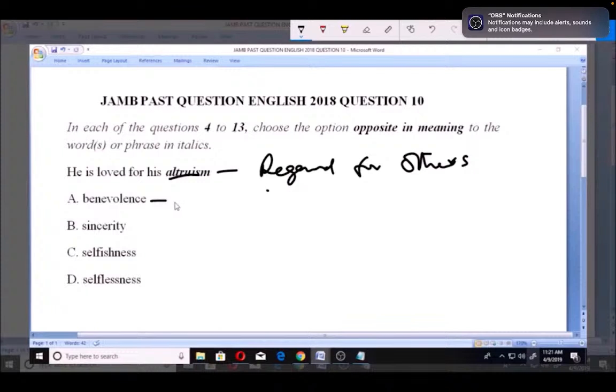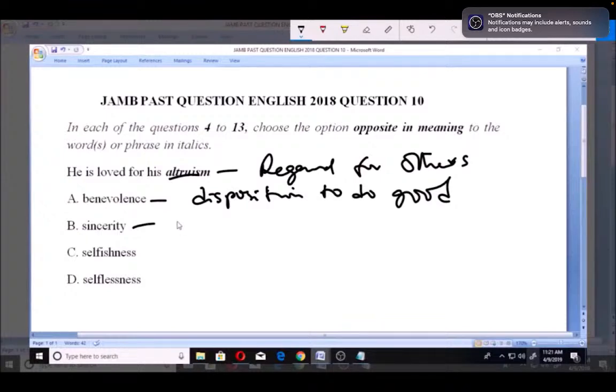Now we look at benevolence. Benevolence is a disposition to do good, a disposition that makes you always want to do good to people. So you can see that it has something similar to altruism, but the two of them are not exactly the same thing. So it cannot be the opposite of altruism. Now we look at sincerity.